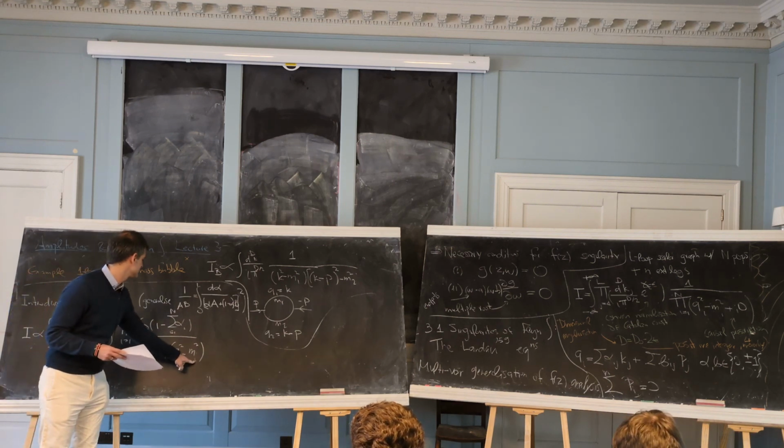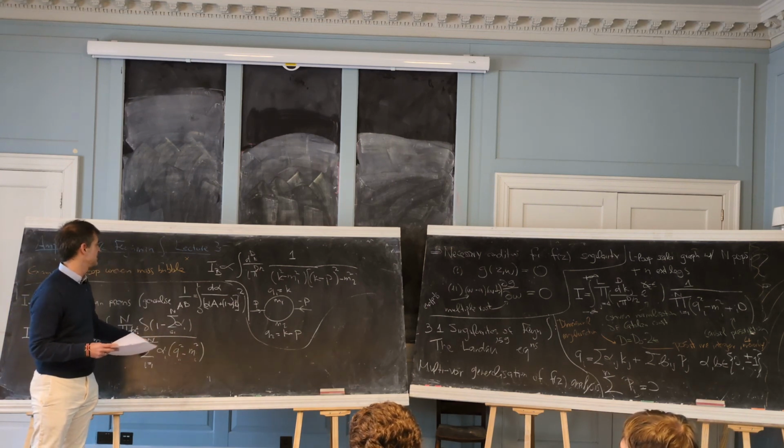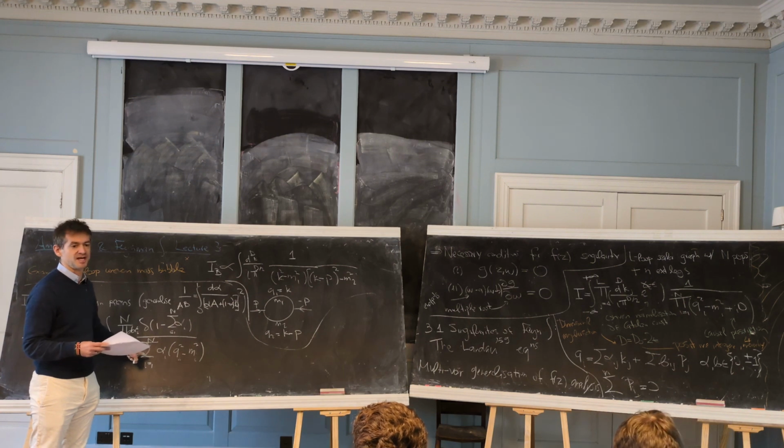This I goes from 1 to capital N, which is the number of propagators. You have as many Feynman parameters as you have propagators.